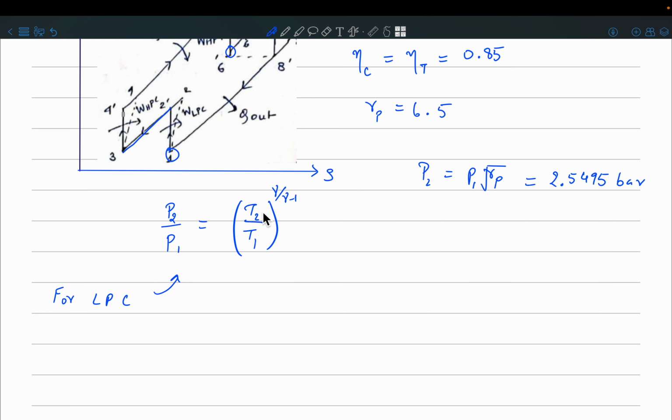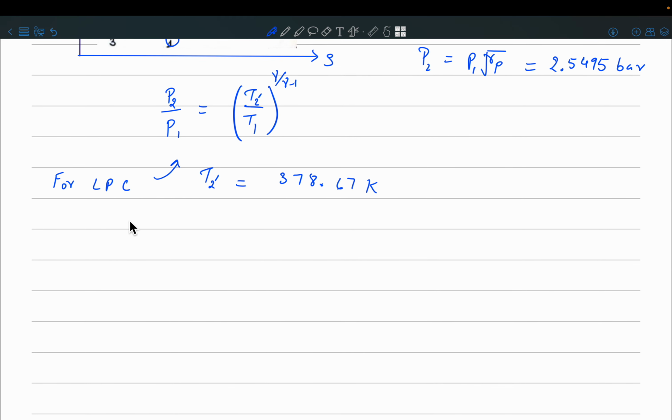But remember, this is going to be my T2 prime, which is the isentropic path. Okay, so T2 prime using this particular relation turns out to be 378.67 Kelvin.